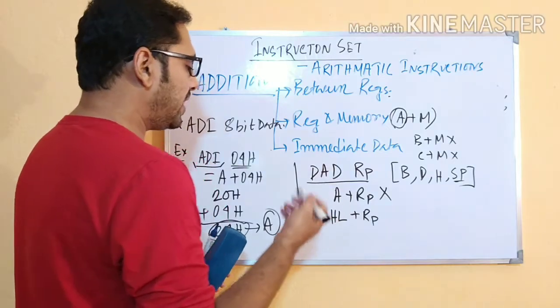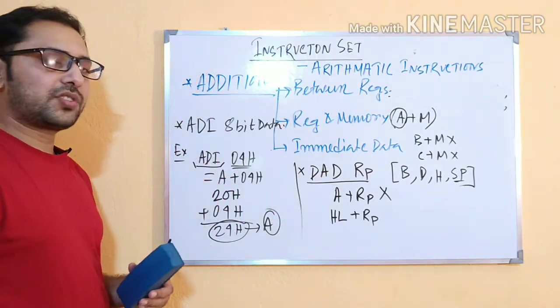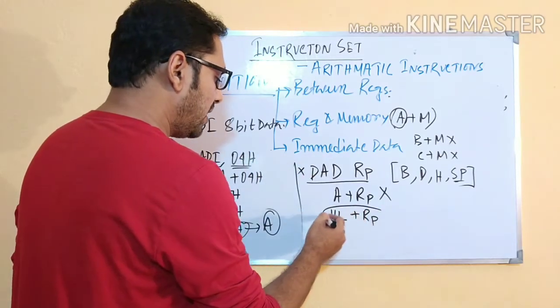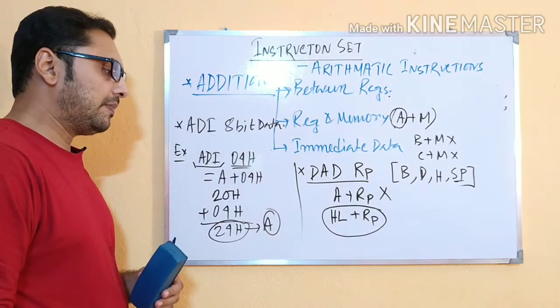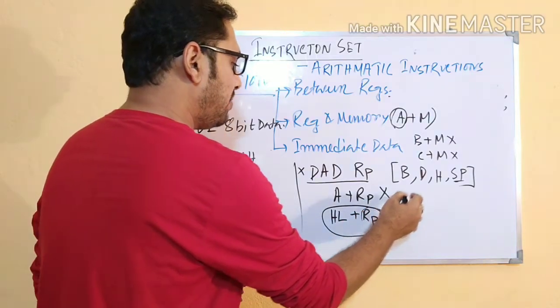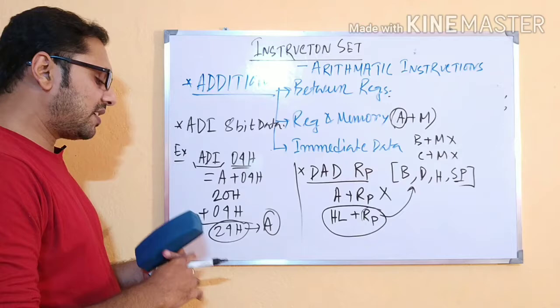So here I am repeating it once again. When I am writing DAD space register pair, that means I want to perform addition between the content of HL register pair with this register pair, which can be any one. It can be B, it can be D, it can be H itself. So the example can be this one.